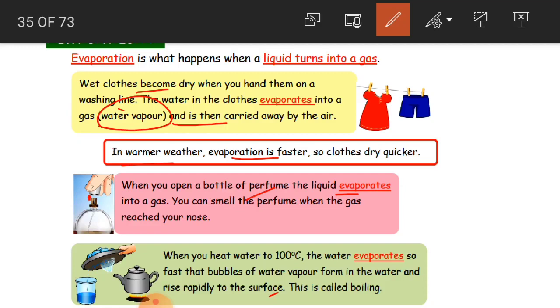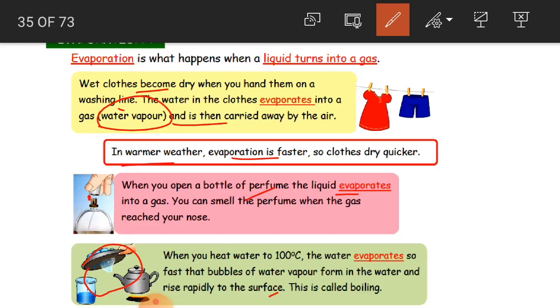Especially in kitchens, when mother is cooking and the water is boiling over, you can see the lid of the container moving. The steam is rising the lid. Why? Because it is heated to 100 degrees centigrade. This is nothing but boiling.